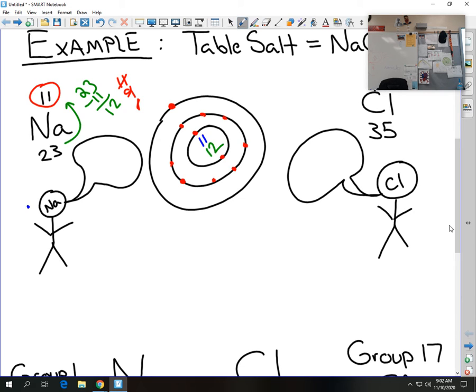My sodium man right here is thinking, hey, if I could just lose 1 electron. Because look, if he was able to lose that 1 electron, he would be left with 1, 2, 3, 4, 5, 6, 7, 8. That's what he's trying to do. All right, but right now, he's still got that extra electron up there.